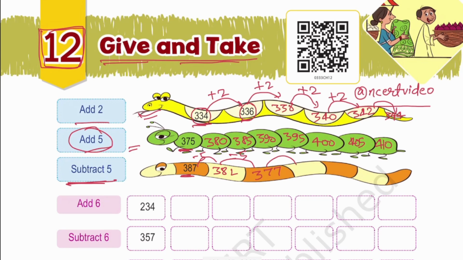Similarly, if you subtract 5 from 377, you will get 372. Then if you subtract 5 again, you will get 367. If you subtract 5 again, you will get 362. And if you again subtract 5, you will get 357.